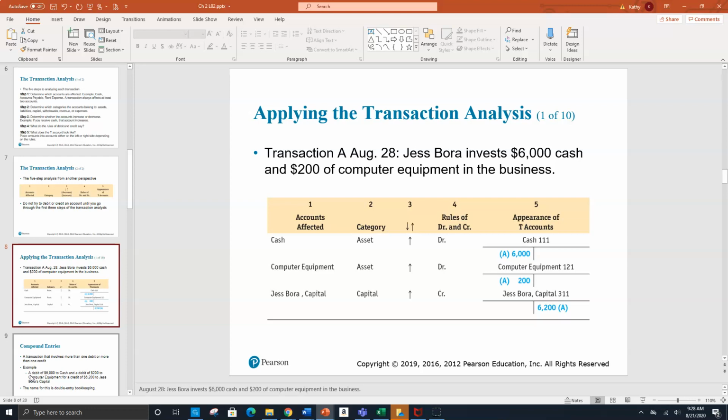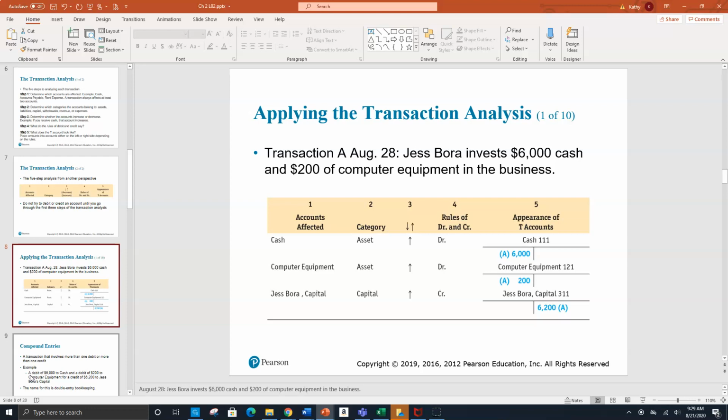Step 3 is determine, are these accounts increasing or decreasing? Investing $6,000 cash brings more cash into the business, so that's increasing. You're bringing a piece of computer equipment into the business, so that's increasing. And your capital is also increasing.